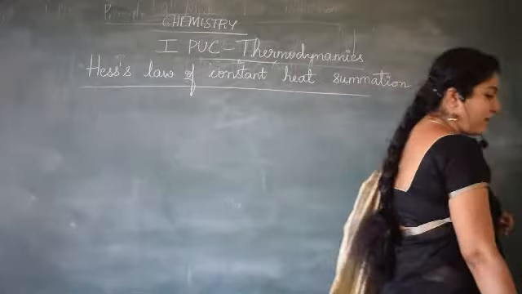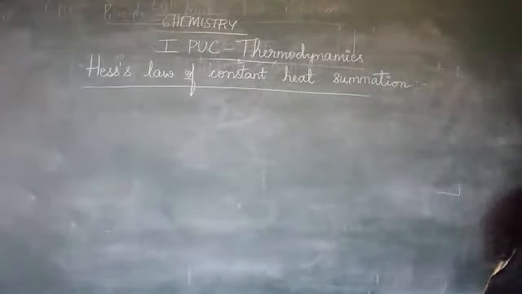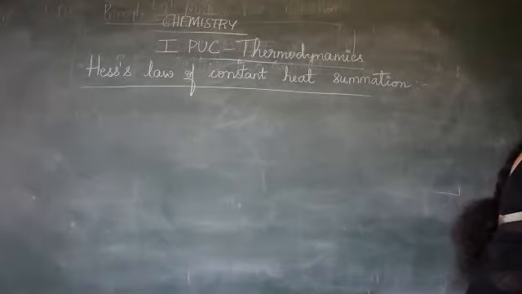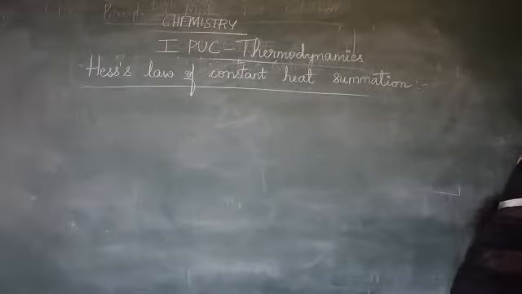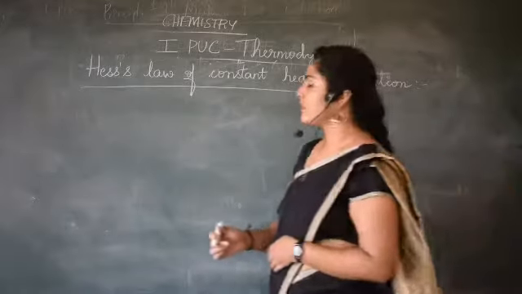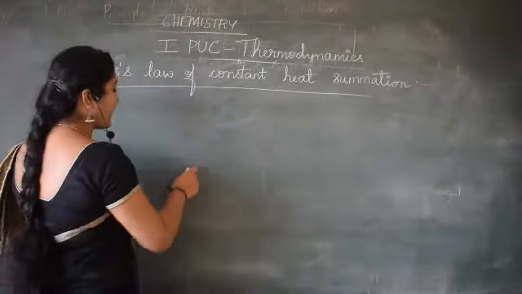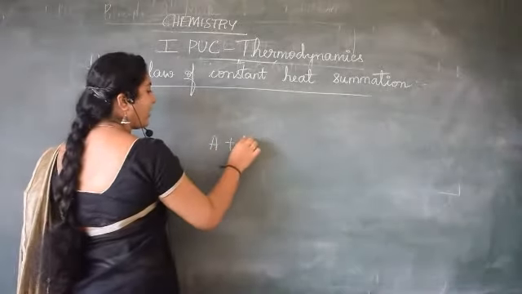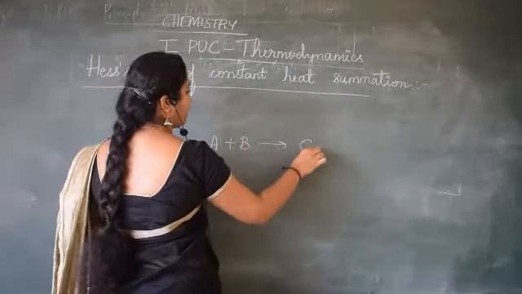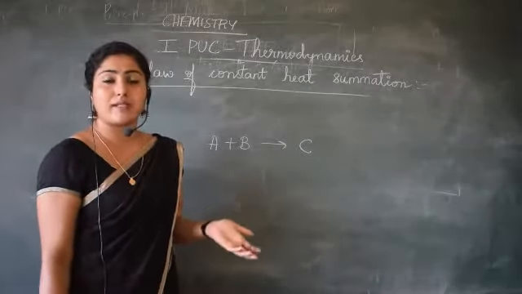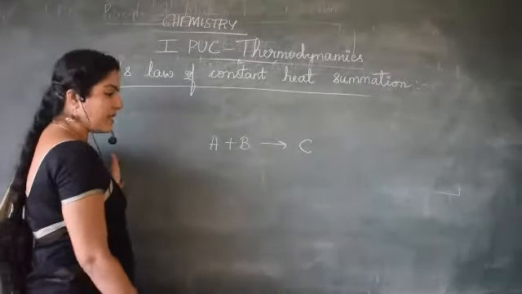What does Hess law state then? Hess law of constant heat summation states that if a reaction takes place in several steps, for example, there is a reaction A plus B which forms C. Now this is a single step reaction.